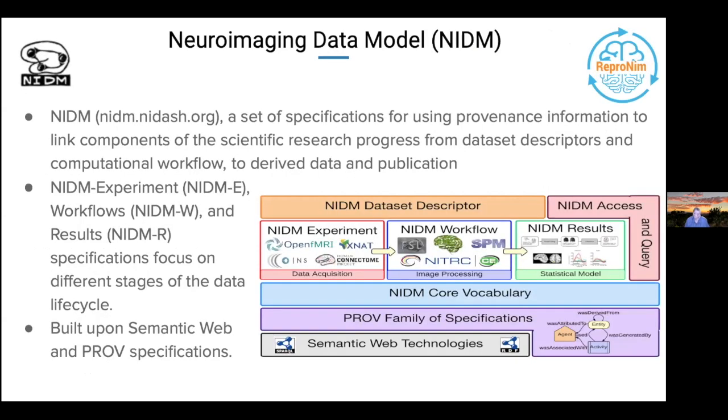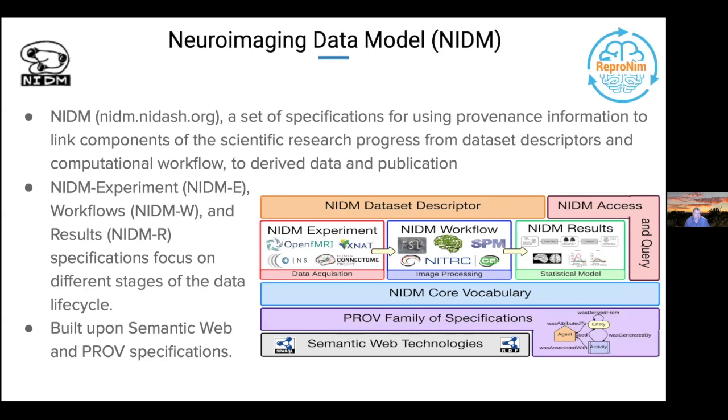Now the question is, how do I actually provide additional information about that data? BIDS has the data files in a nice structure, but there isn't a singular data representation about that. That's where the Neuroimaging Data Model comes in.